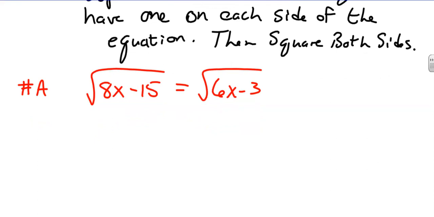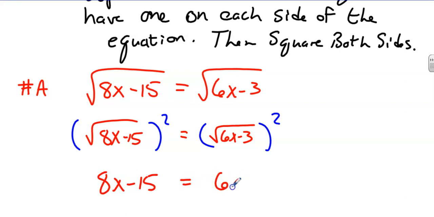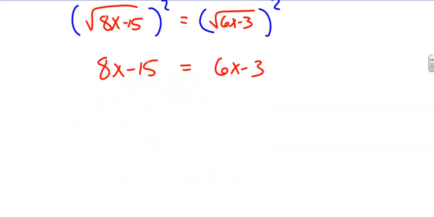They're already separated, so we're good to go there. We'll square both sides. When you square both sides, because they're both square roots, everything's going to be gone. You're left with 8x minus 15 on the left and 6x minus 3 on the right side.